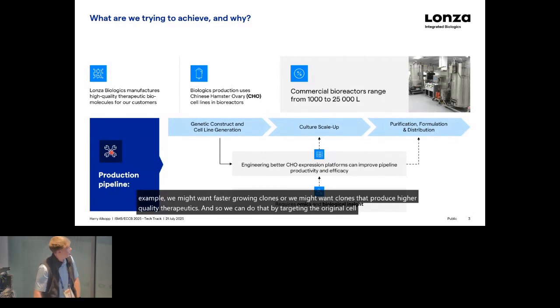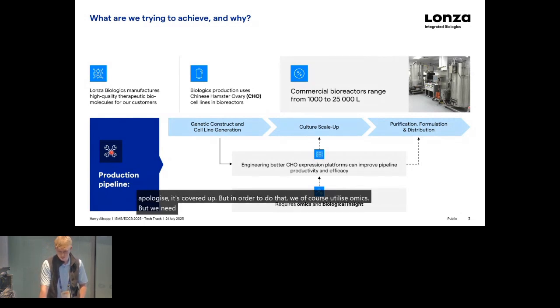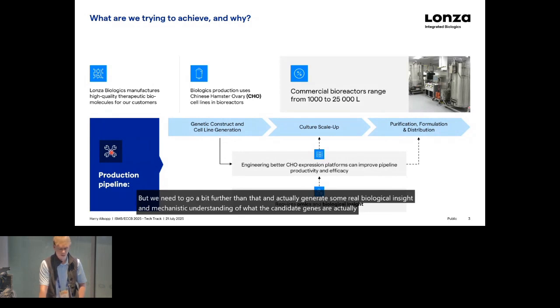In order to do that, we of course utilize omics. But we need to go further and generate real biological insight and mechanistic understanding of what the candidate genes are actually doing, the roles they're playing, so that we can have more confidence and filter down the lists of genes that we take back into the lab.